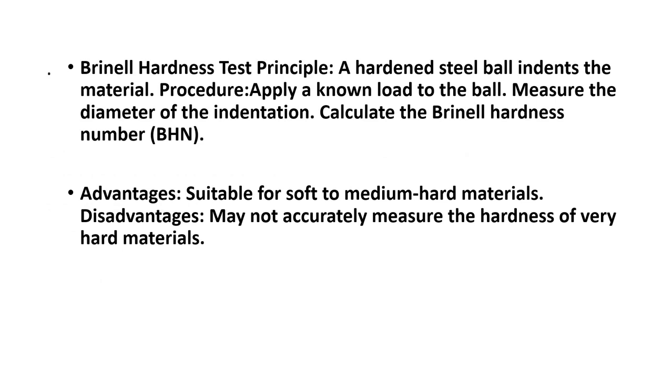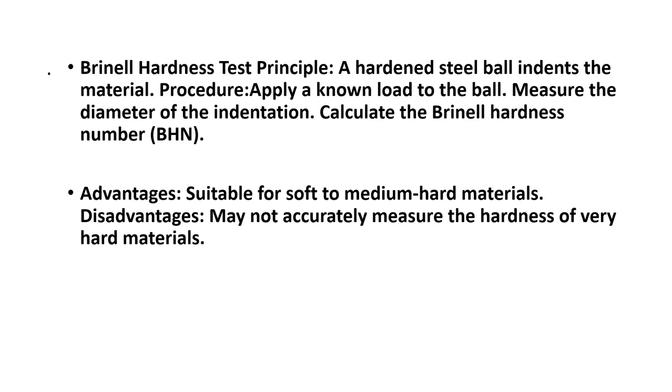We will study here the Brinell hardness test. As already told, the Brinell hardness test depends on the diameter of indentation, and we normally do this test, as already studied, to calculate resistance to wear, strength and toughness. The principle of the Brinell hardness test is that a hardened steel ball indents the material.